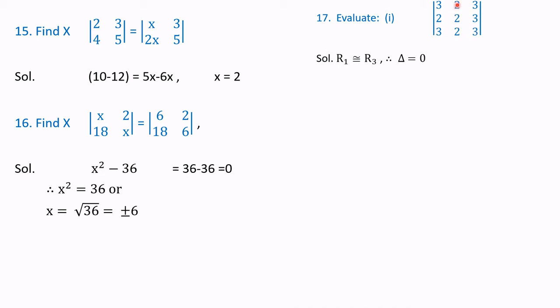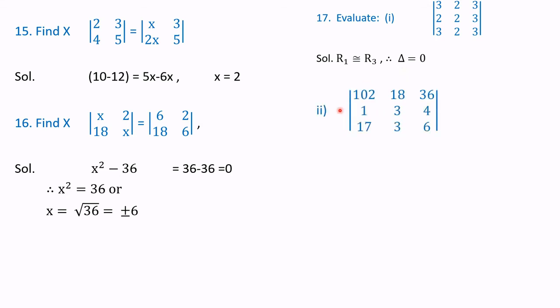So R1 is equal to R3. Therefore delta is 0. This is the rule we have studied in our introductory slides. If two rows are equal, then delta is 0. The determinant value is 0.